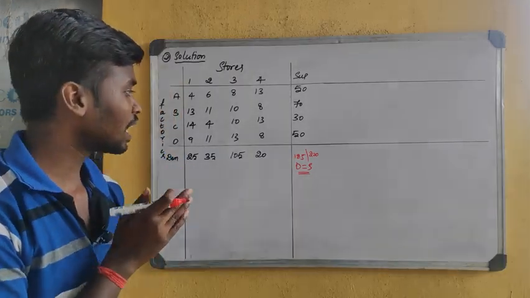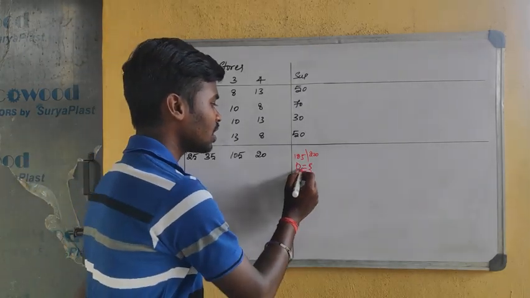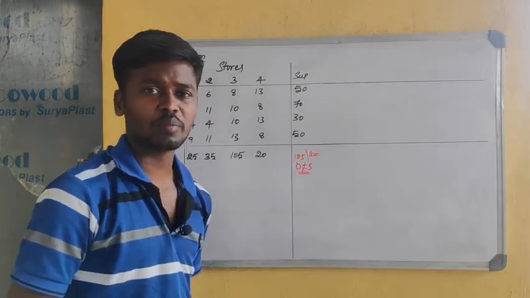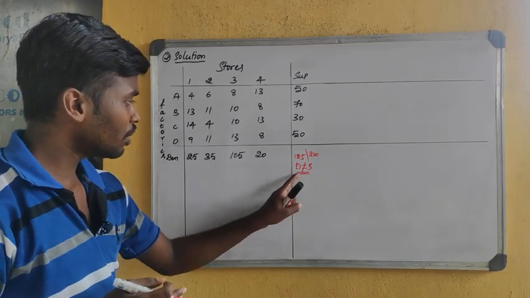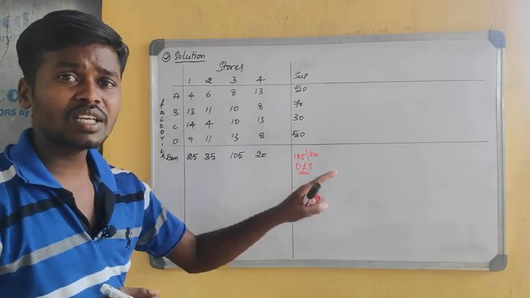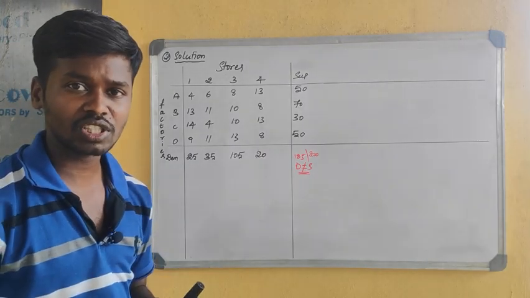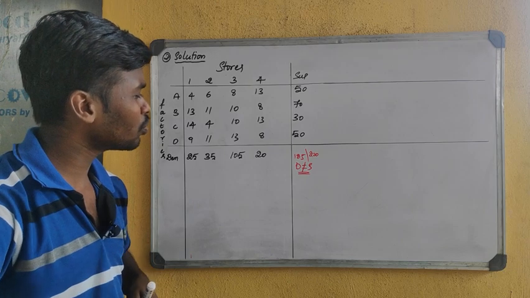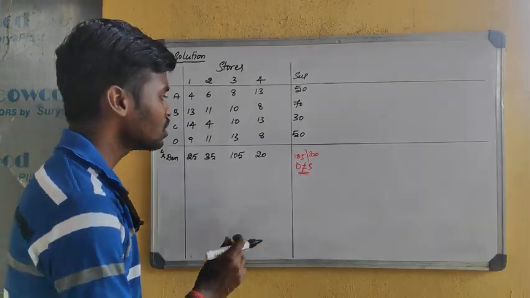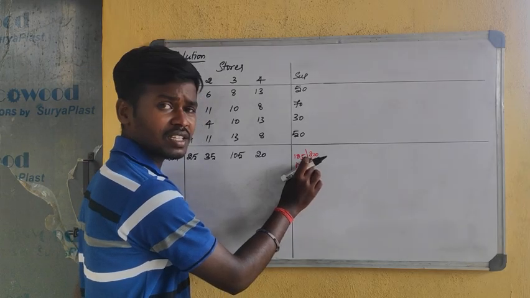So it is an unbalanced transportation problem, which means the demand is not equal to supply. In this situation, we have to convert the unbalanced transportation problem into a balanced transportation problem. Here the demand is 185 and supply is 200.